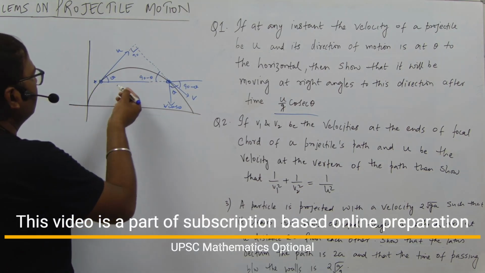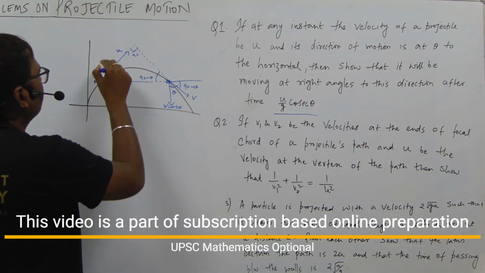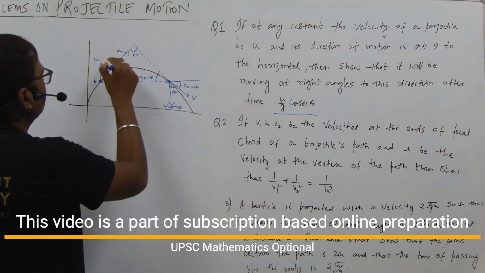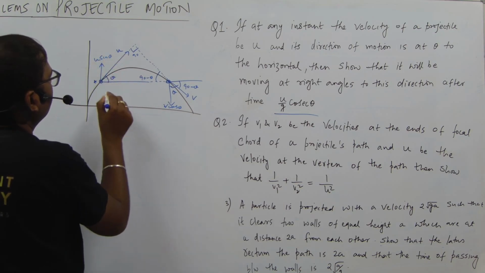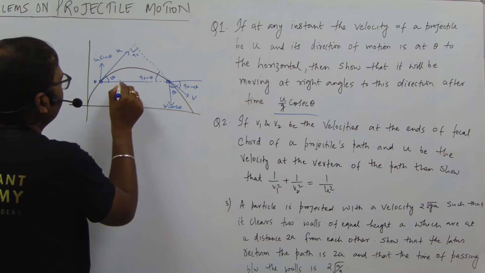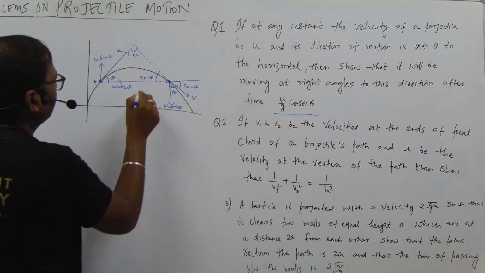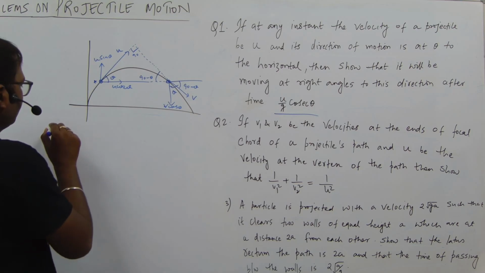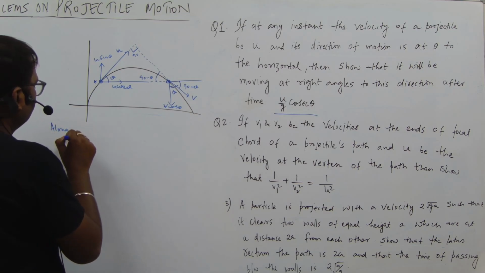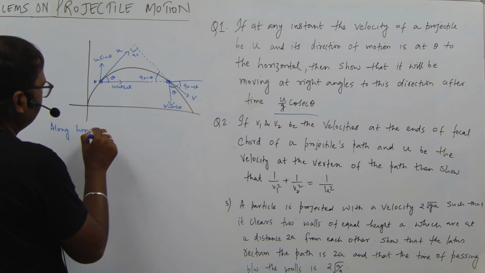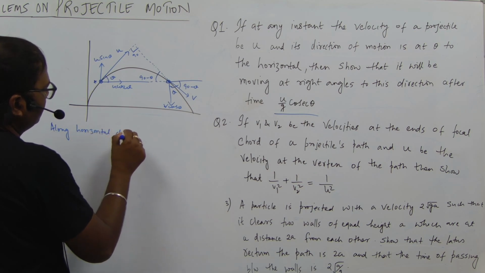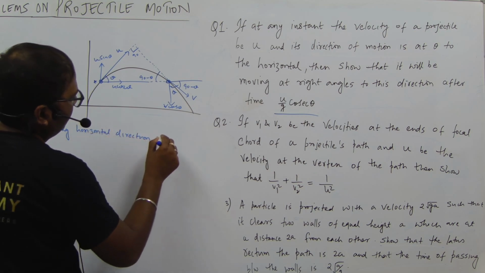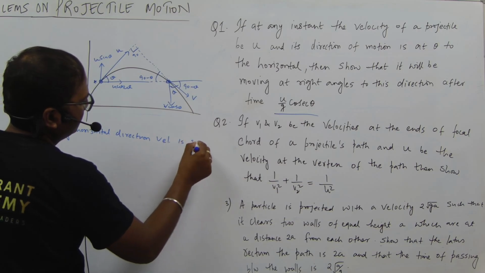At point A we have the initial velocity along the y direction as u sin theta, and along the x direction we have u cos theta. Let us resolve the velocity along the horizontal direction. Along the horizontal direction velocity is the same.